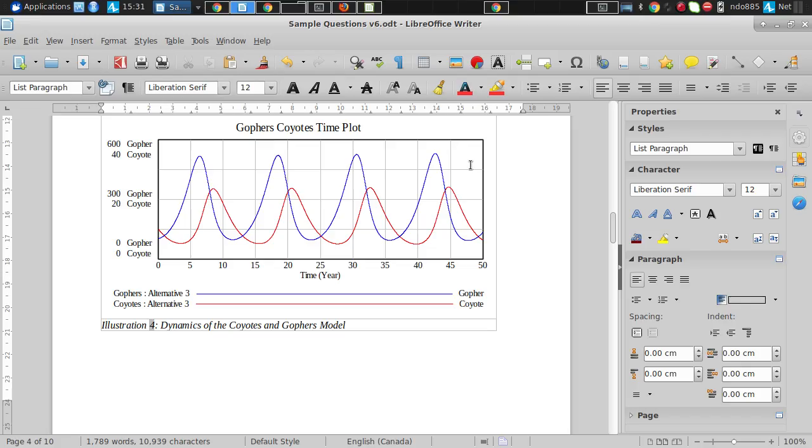Rather, you should be thinking also about the case where gophers and coyotes are 0. There's no growth in either one because there's no gophers or coyotes around, okay? So in general, there's one where you have gophers and coyotes together and one without gophers or coyotes. Those are the 2 cases.